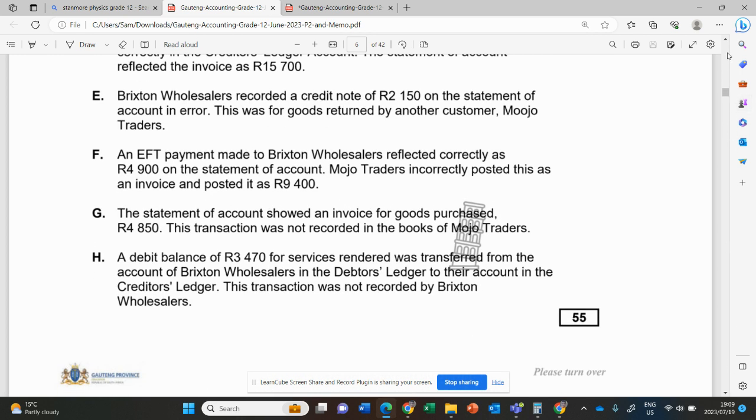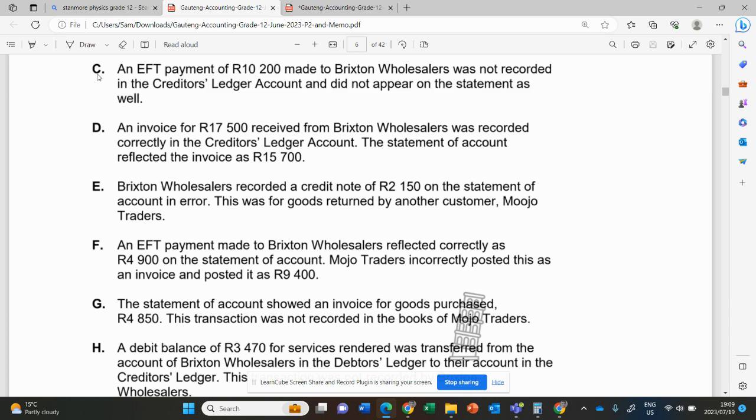So now let's go to information D. Information D, an invoice of 17,500 received from Bryanston Wholesaler was not recorded correctly in the creditors ledger account. The statement of account reflected the invoice as 15,700.